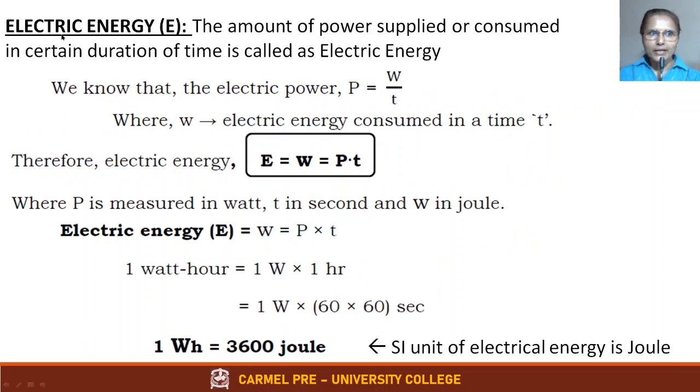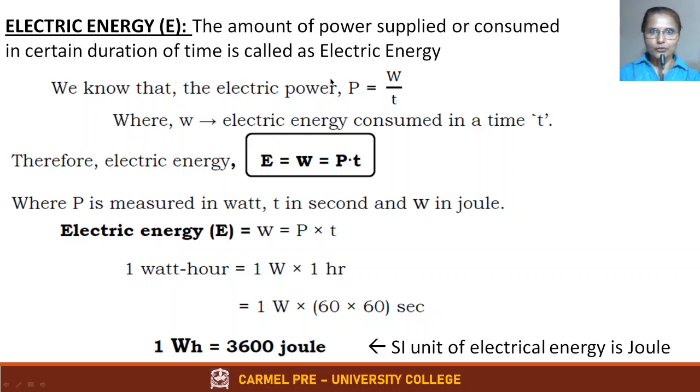Next, how to calculate electric energy. Electric energy is the amount of power supplied or consumed in a certain duration of time. So how do we understand this? You are getting power supplied to your home by the electricity board. You are utilizing that power for a certain amount of time.